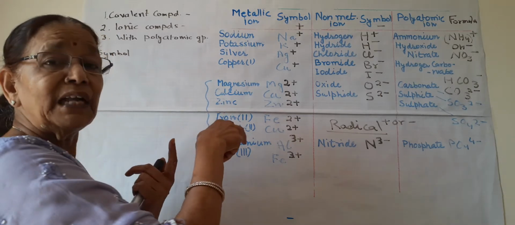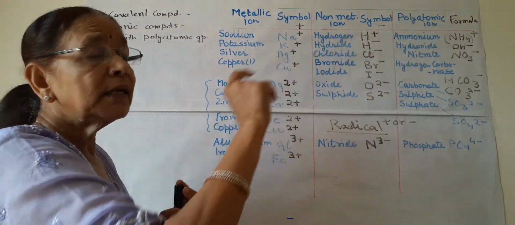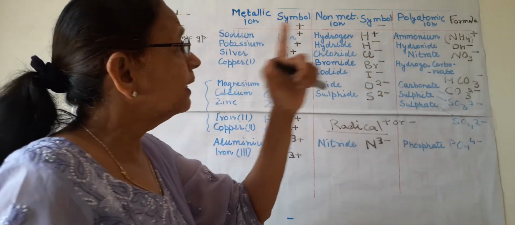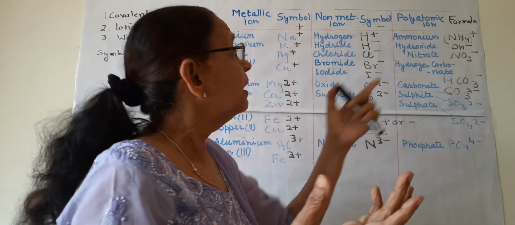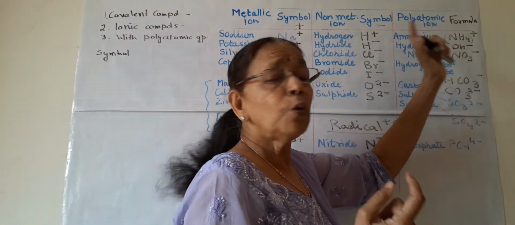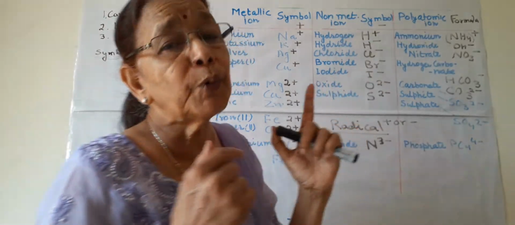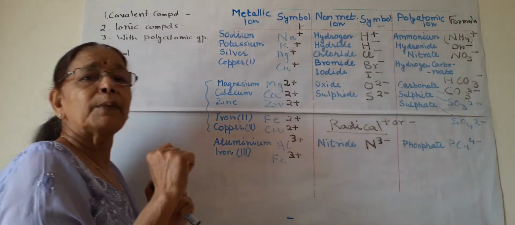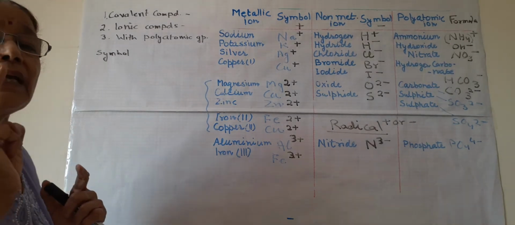We will see when we are writing the formula. And the third rule is that when we are writing polyatomic ions, if a single polyatomic ion is there, we do not have to put brackets. But if 2 polyatomic ions are there together, then we put a bracket and write 2 as a subscript. So these are 3 rules.